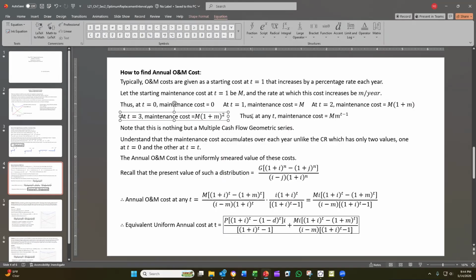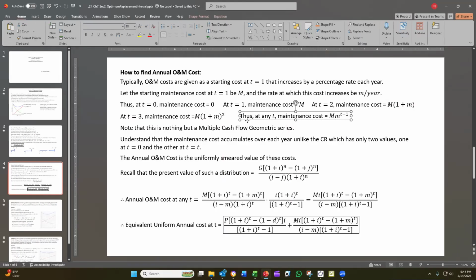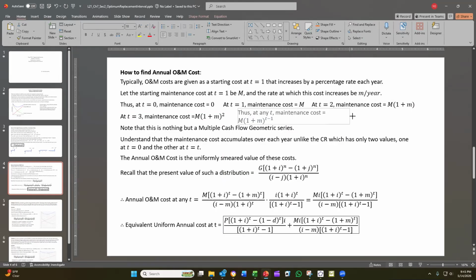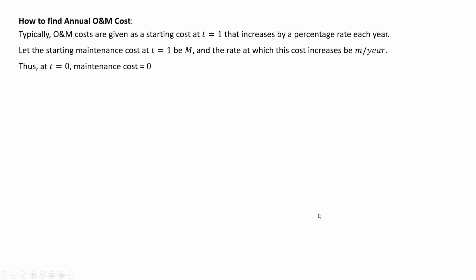That's the small change I need to make. Sorry, guys. This is the problem with being a mere mortal. M times 1 plus m to the t minus 1. All right, that should fix it, and I don't need to worry about any changes. Good. We are in business.